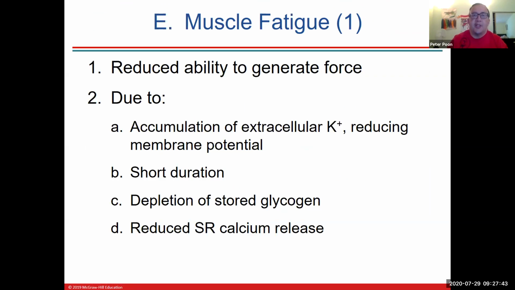Muscle fatigue is a reduced ability to generate force. It is due to the accumulation of extracellular K+, which reduces the membrane potential, the depletion of glycogen in the muscle, and reduced calcium release.